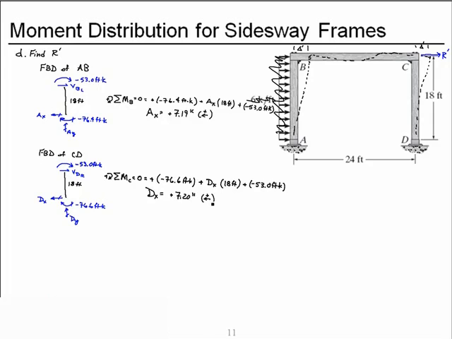Now, from the symmetry of the problem, if there wasn't round-off error in our moment distribution, these two quantities would be exactly the same. But they are reasonably close. Now, a free body diagram of the entire structure.